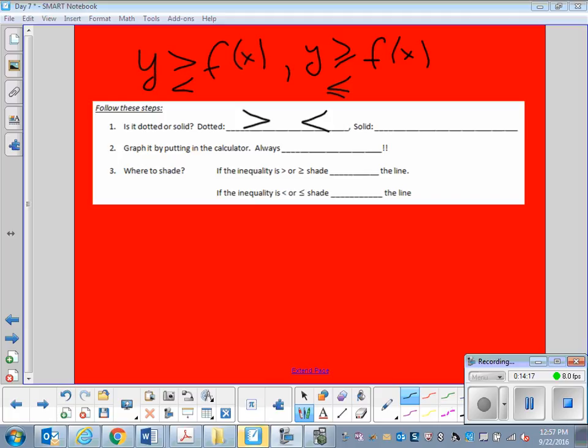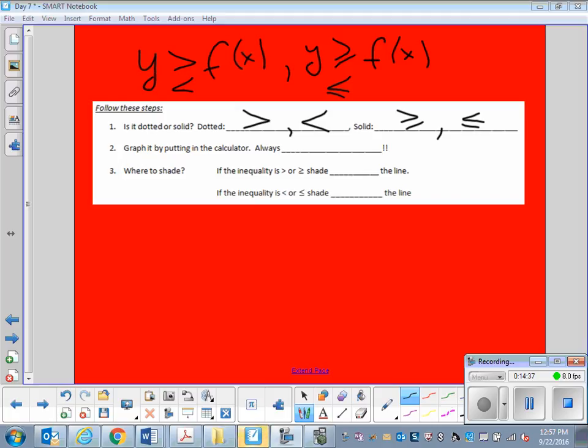When do I use solid? Less than or equal to, greater than or equal to. Whenever I have the inequality with or equal to. And then the second step is to actually graph it. We can graph it manually as we did before, or we can graph it using the calculator. Doesn't matter.